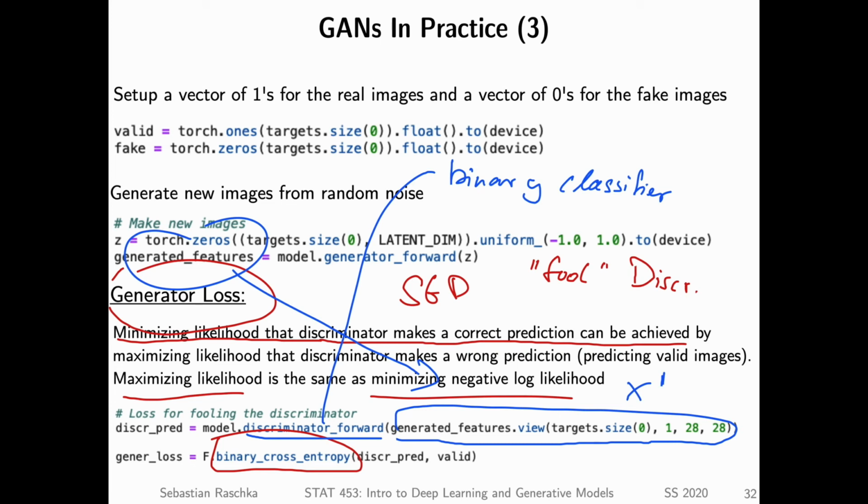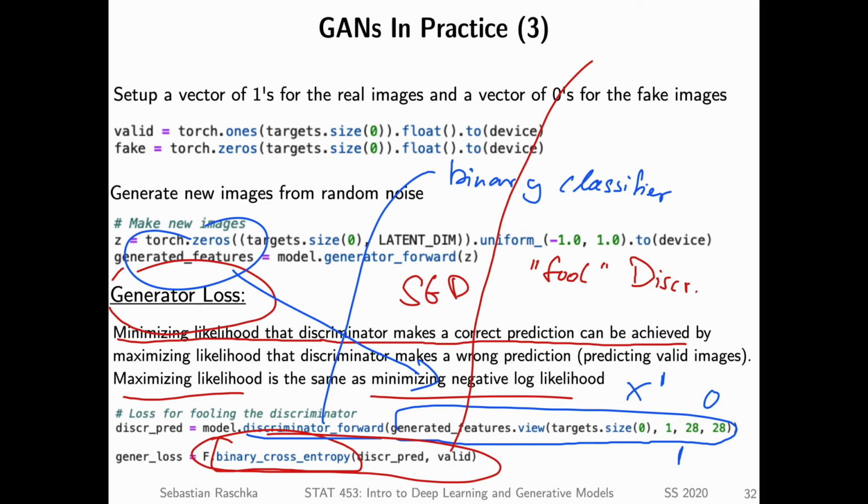If it's a good discriminator, it will detect that these are fake, so it will output a 0. And if it's a good generator, it will fool the discriminator. So if the generator is good, the discriminator will think it's a 1 here. We can make the generator learn to make such predictions by using this loss in the optimization part, and valid corresponds to the class labels of the real images.